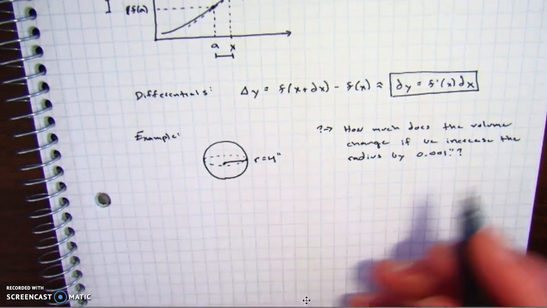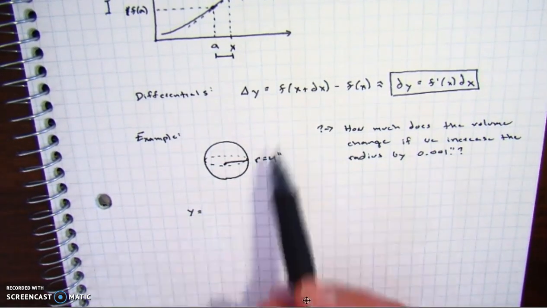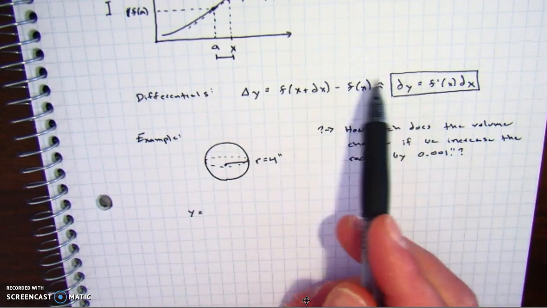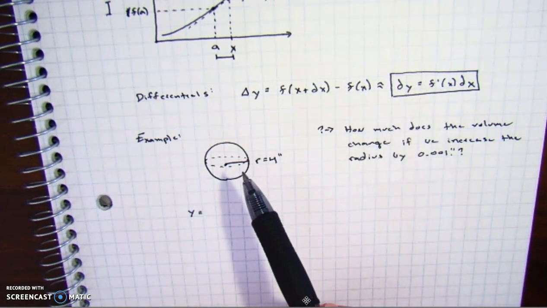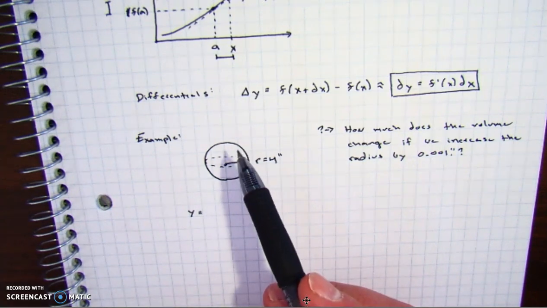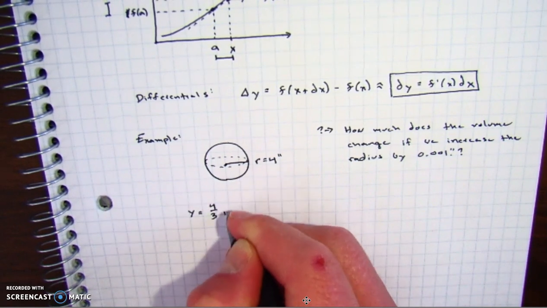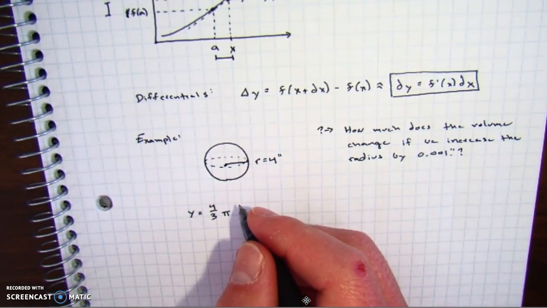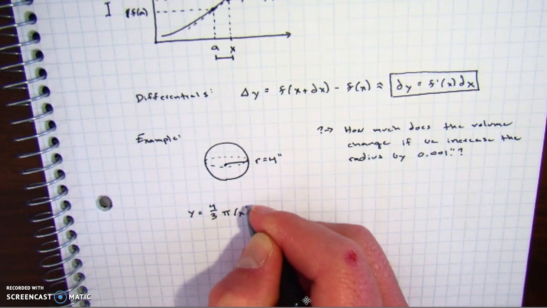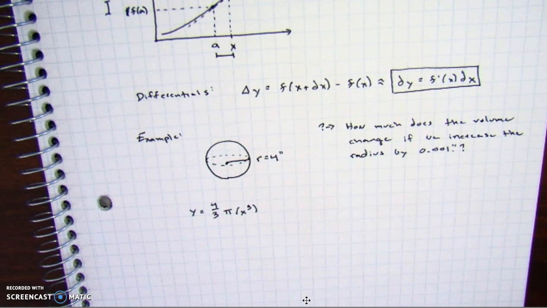So I know that my original equation, we'll just call it, I'm going to use y and x because that's going to help it relate to here, although you'd probably use r, V and r really, but all right, so I'm going to use y and x. So y is going to equal the volume equation. So 4/3 pi r, wouldn't be r, it'd be x cubed. All right, well, let's take the derivative of this.